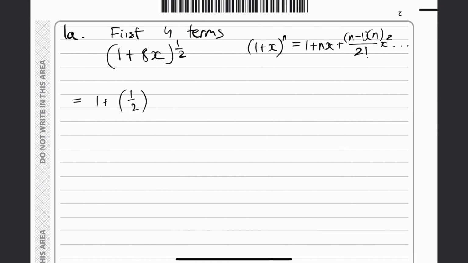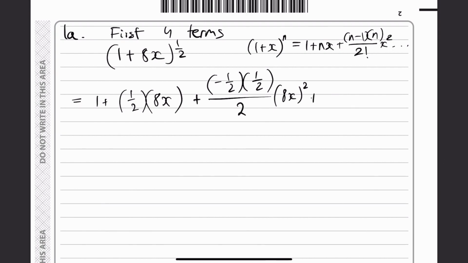So what we can do here is that's just going to be equal to 1 plus 1/2 times x, which in this case is 8x, plus n minus 1, so that is minus 1/2, and n over 2 factorial, which is just 2, and x squared is 8x squared. And that's for the first 3 terms, so we should probably add another term.